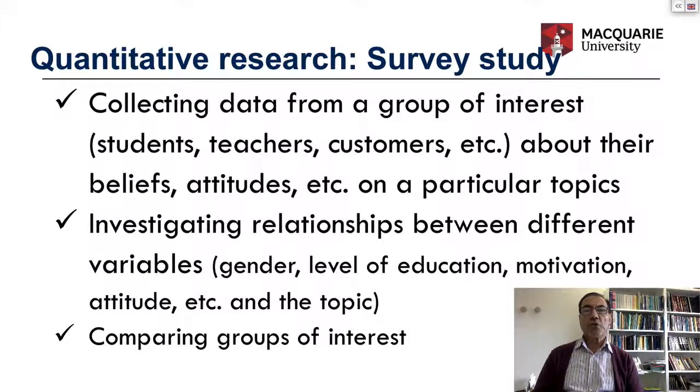Investigating relationship between different variables, for example, gender, level of education, participants' motivation, attitudes, beliefs, preferences is therefore one of the main goals in conducting survey studies. Sometimes it's also possible to compare views, attitudes, or motivations of two or three groups of interest.